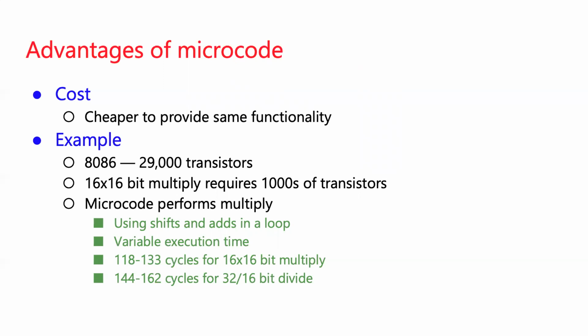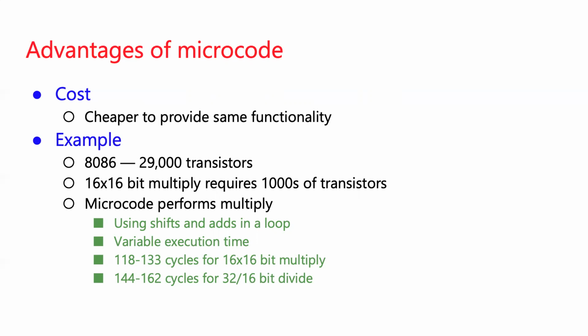When the 8086 processor came out, it had 29,000 transistors, and we can't afford to spend them all on multipliers. So an easier way to do multiplication was to implement it in microcode, to do a multiply not with a dedicated circuit that does multiplication, but by executing a sequence of steps right on the microprocessor.